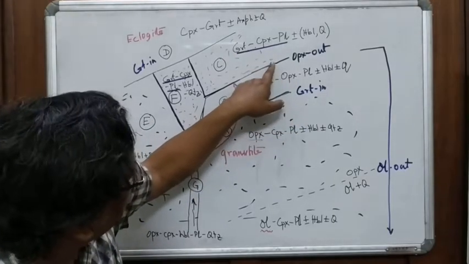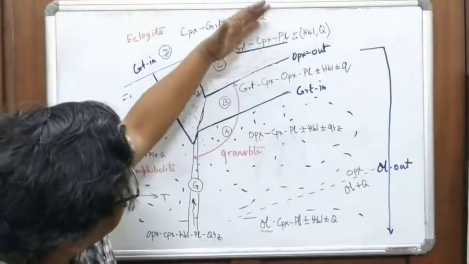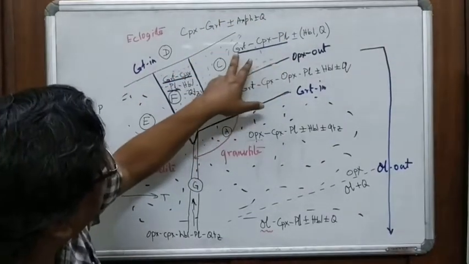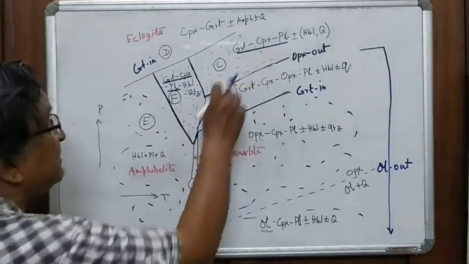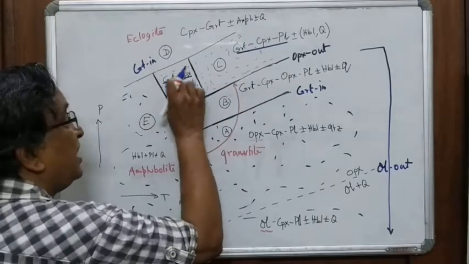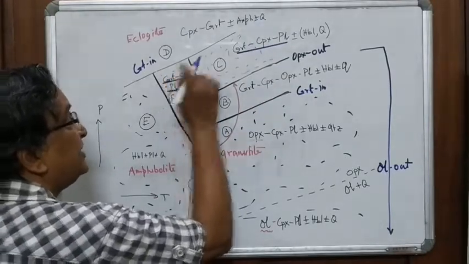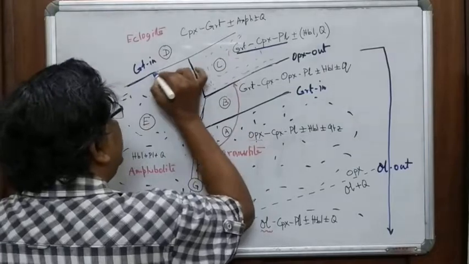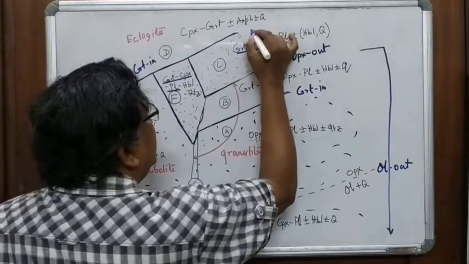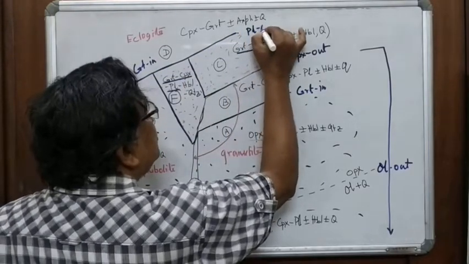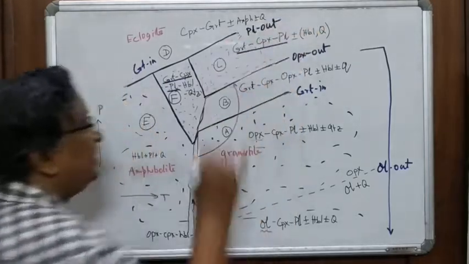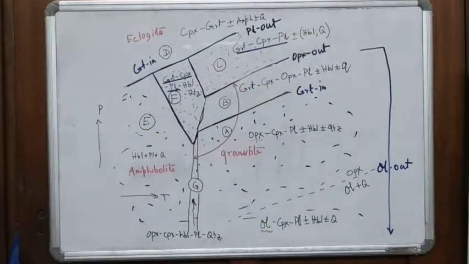As you move out, orthopyroxene is now taken out, but you have a garnet, clinopyroxene, plagioclase assemblage. And when you go into this line, it's plagioclase out reaction. These are the critical cases.